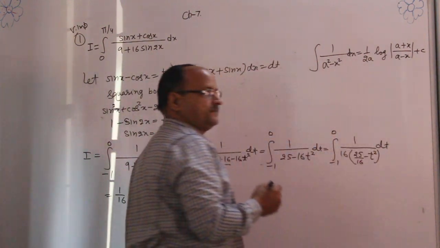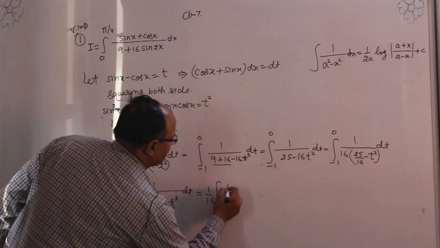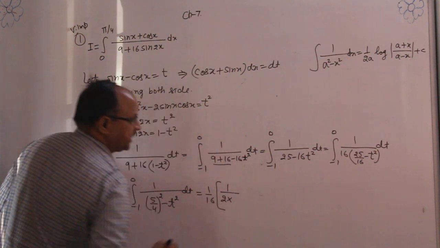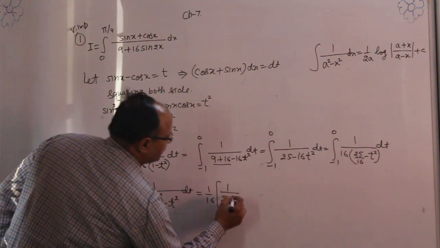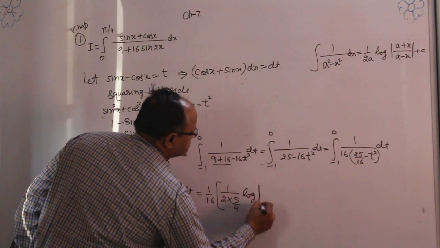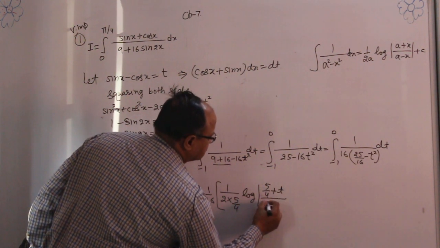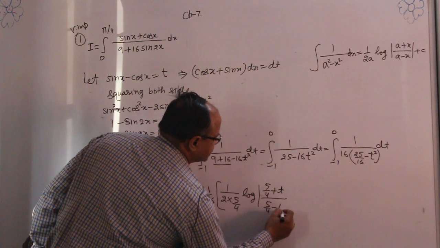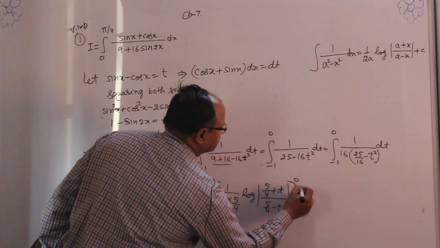According to this property, you can solve the question. 1 upon 2a, and when you compare with the property, the value of a is 5 by 4. So log of (5 by 4 plus t) upon (5 by 4 minus t), limit minus 1 to 0. Clear?